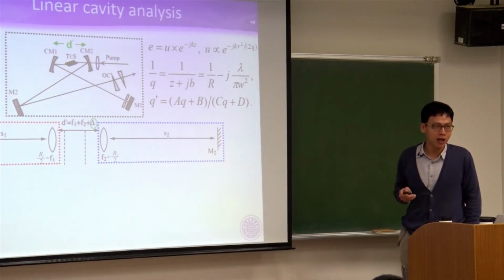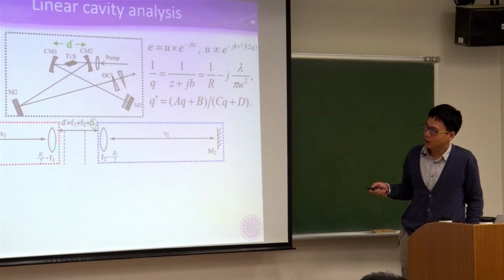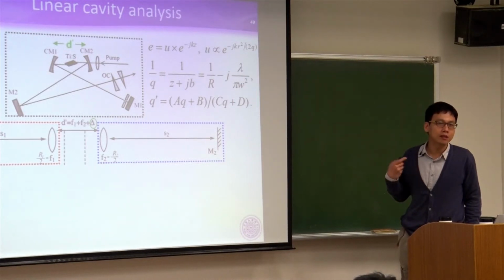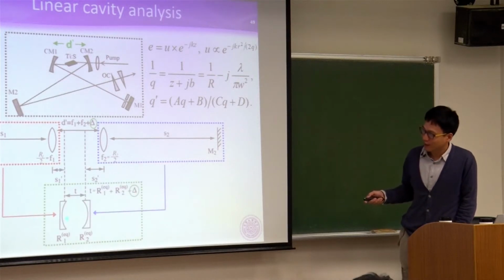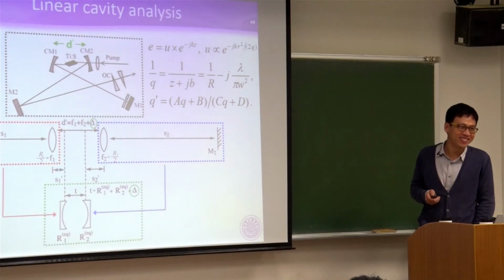According to geometric optics, you might have known the combination of a lens and a planar mirror separated by distance S1 can be replaced by another curved mirror.